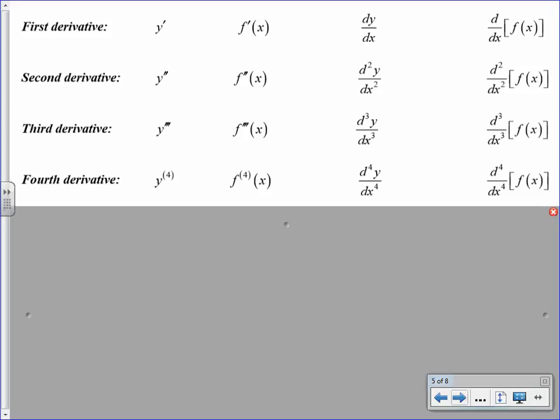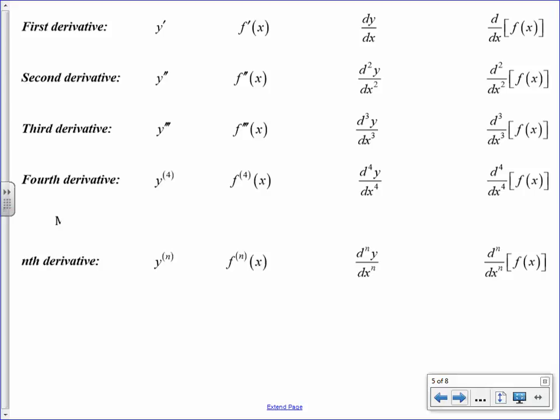However, when we get to the fourth derivative, we're not going to put 1, 2, 3, 4 little tick marks. That's when we can start writing the number in little parentheses as a superscript, all the way to the nth derivative.